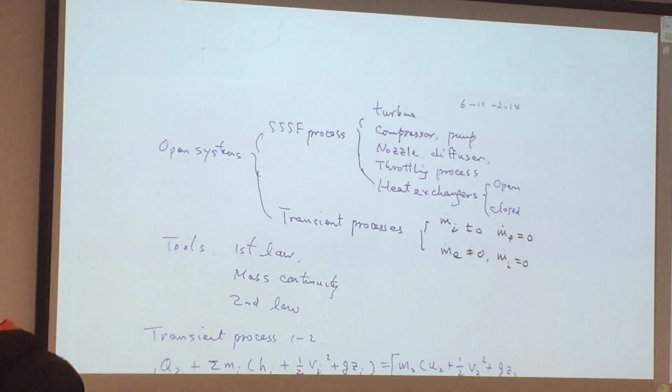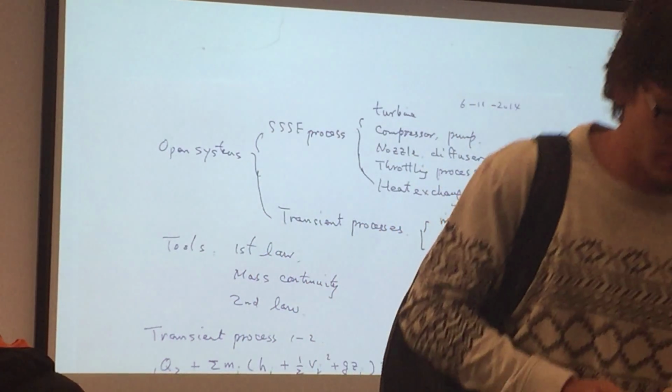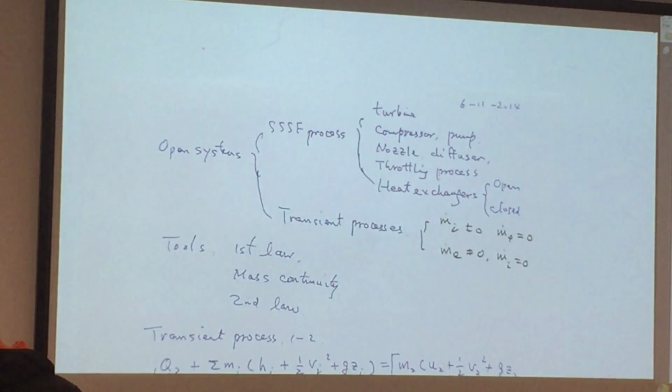Okay, for open systems, we need one more tool, which is the mass continuity. Don't forget that, because for any question, we try to find the right tools to solve the problem. Right tools, that's very important.